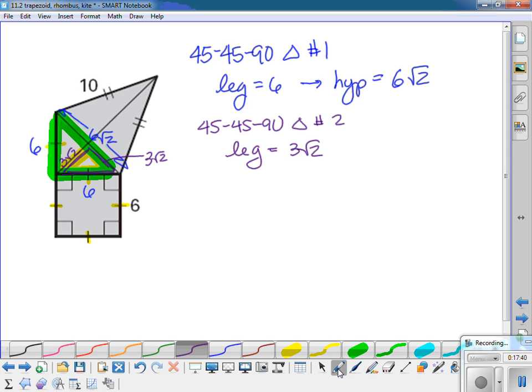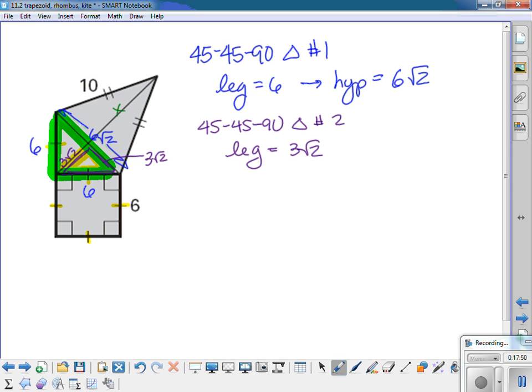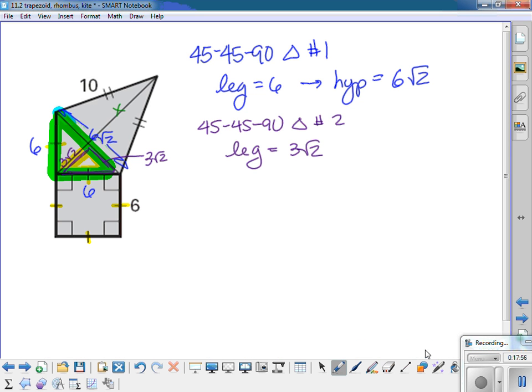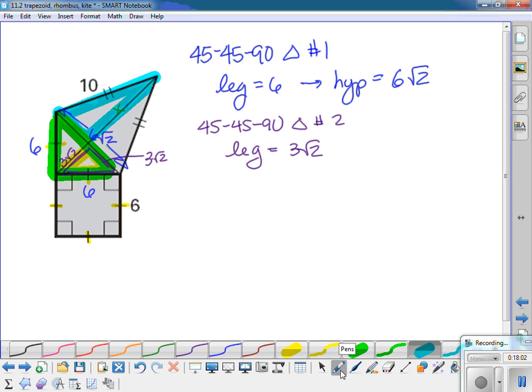Alright, so now I have one more triangle that I need to figure out because I need to know this distance here for the rest of that diagonal. So if I look at this triangle, it's a right triangle, and so I can use the Pythagorean theorem.